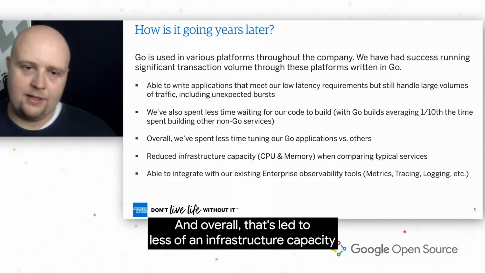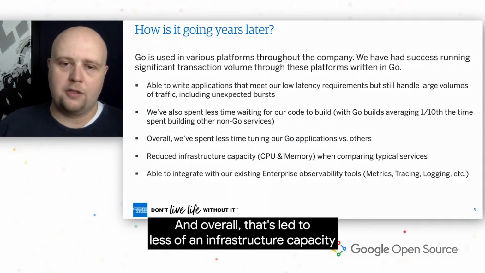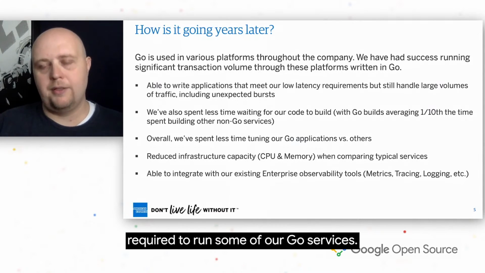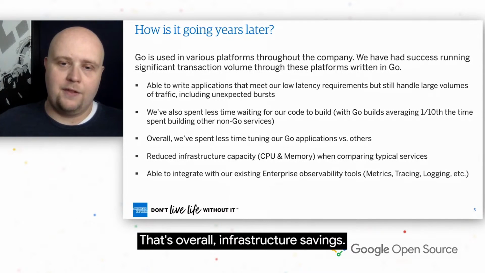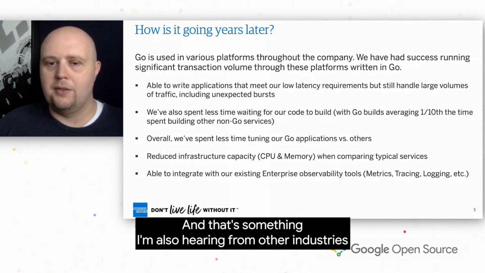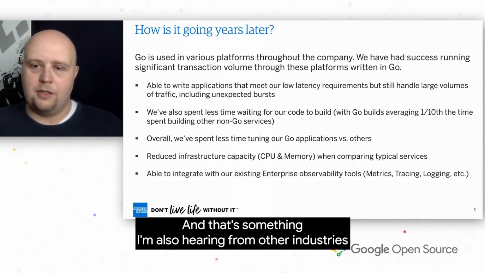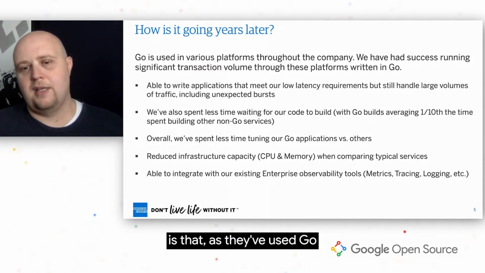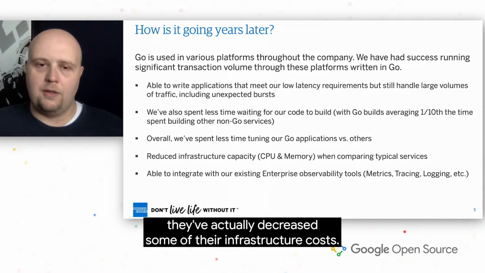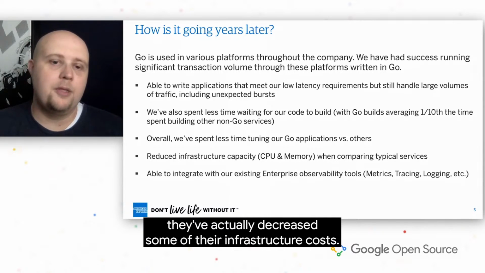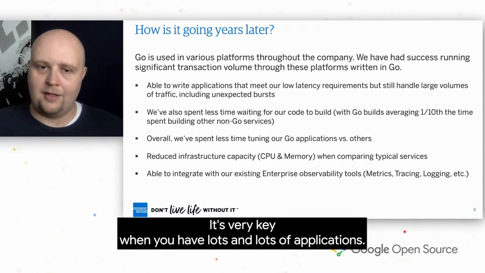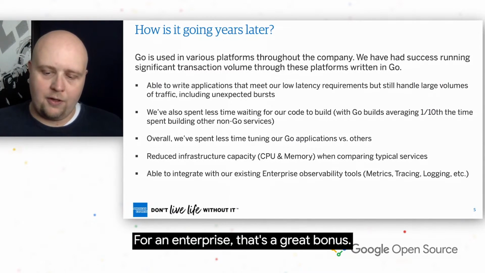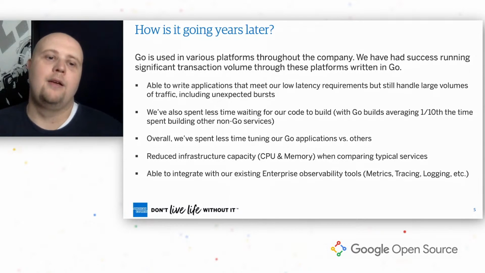And overall, that's led to less infrastructure capacity required to run some of our Go services. It's overall infrastructure savings. And that's something I'm also hearing from other industries and other enterprises out there, is that as they've used Go, they've actually decreased some of their infrastructure costs. It's very key when you have lots of applications. For an enterprise, that's a great bonus.